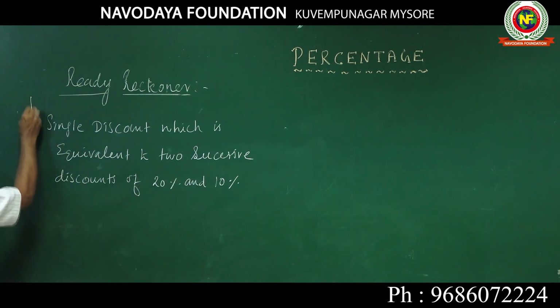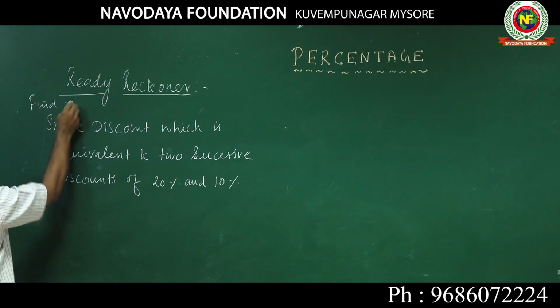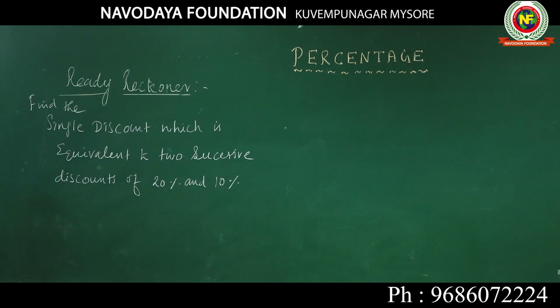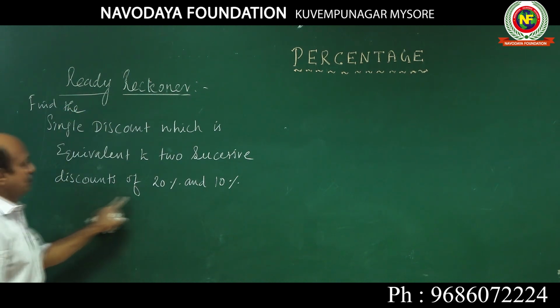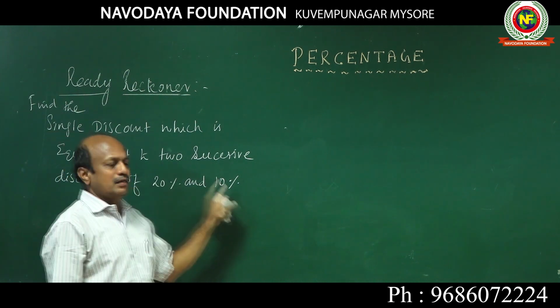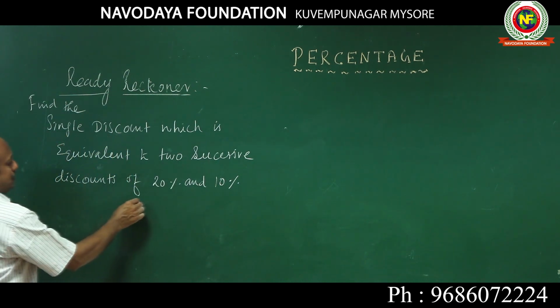Find the single discount which is equivalent to two successive discounts of 20% and 10%. Naturally, you can go for it.